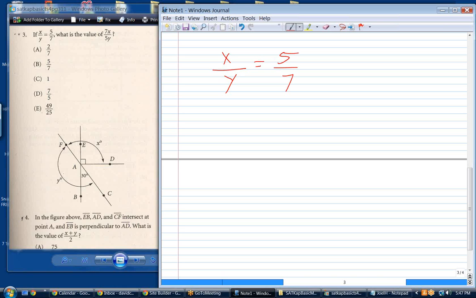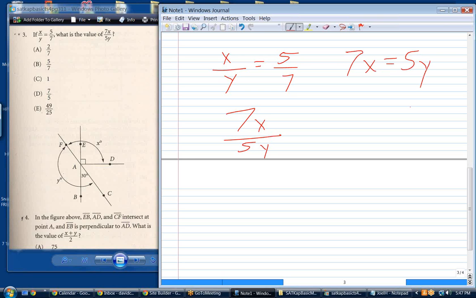All right, let's see. How would you do this one? Because I know they just cross multiplied, and so it'd be 7x over 5y. Well, if you cross multiplied, you'd get 7x equals 5y.